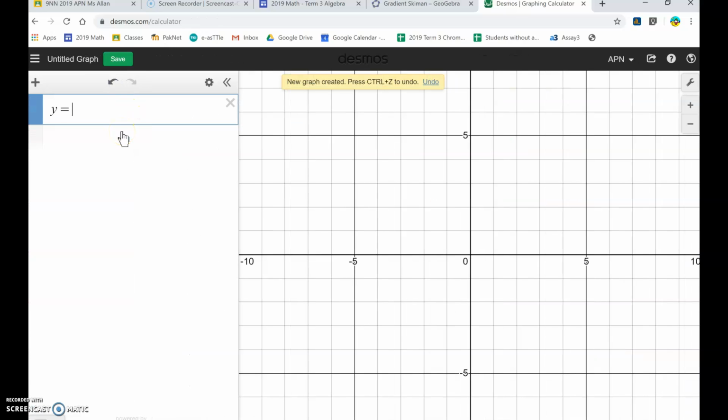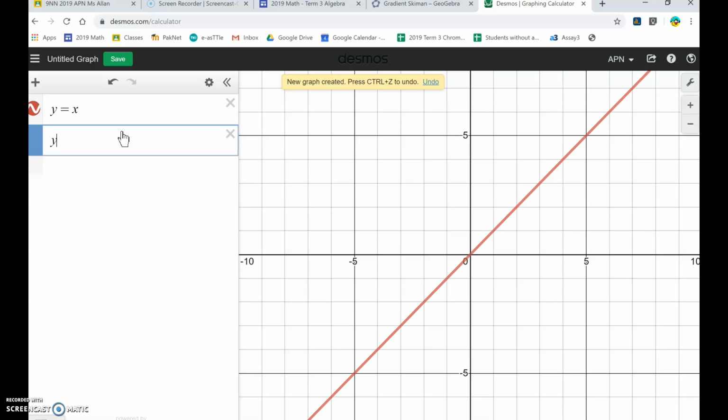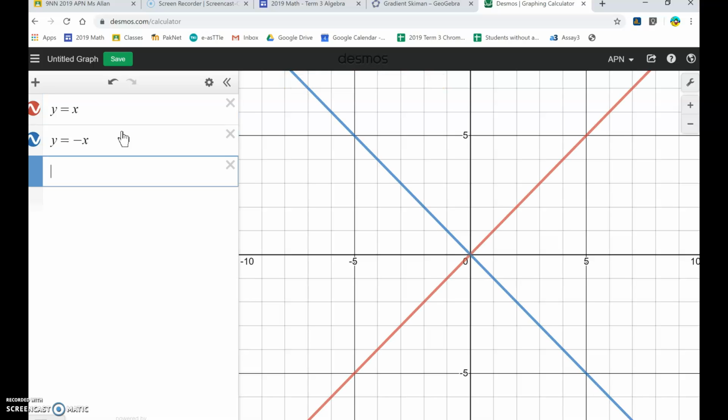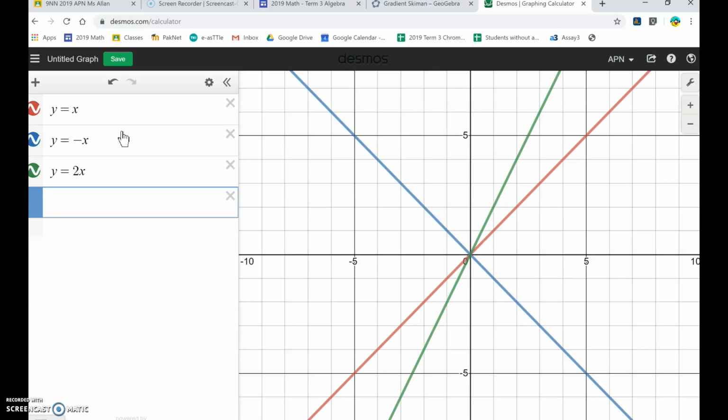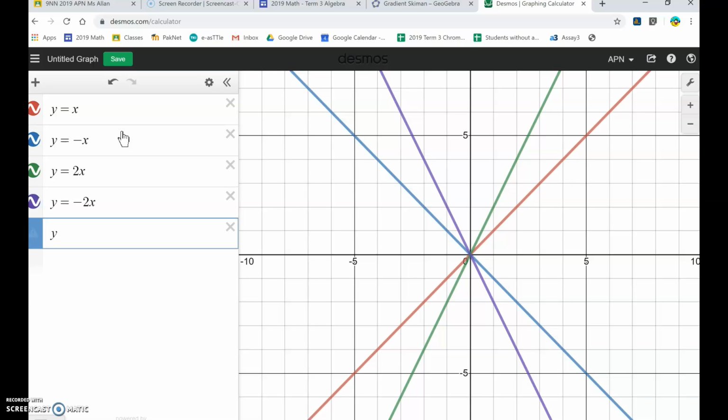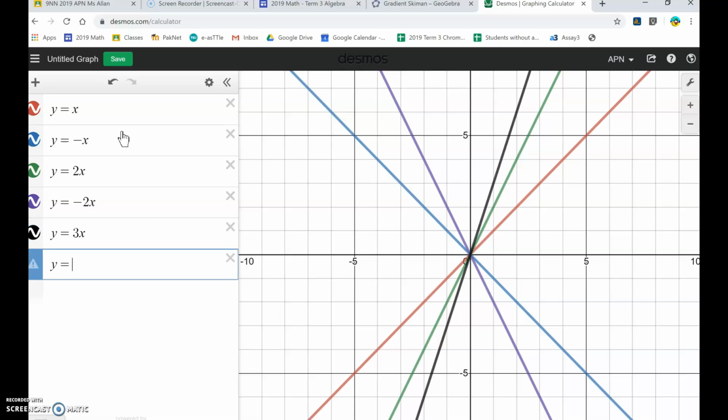Okay, so y equals x, y equals negative x, y equals 2x, y equals negative 2x, y equals 3x, y equals negative 3x. So you can have a play of those. They all go through the origin, 0, 0, but they've got different gradients.